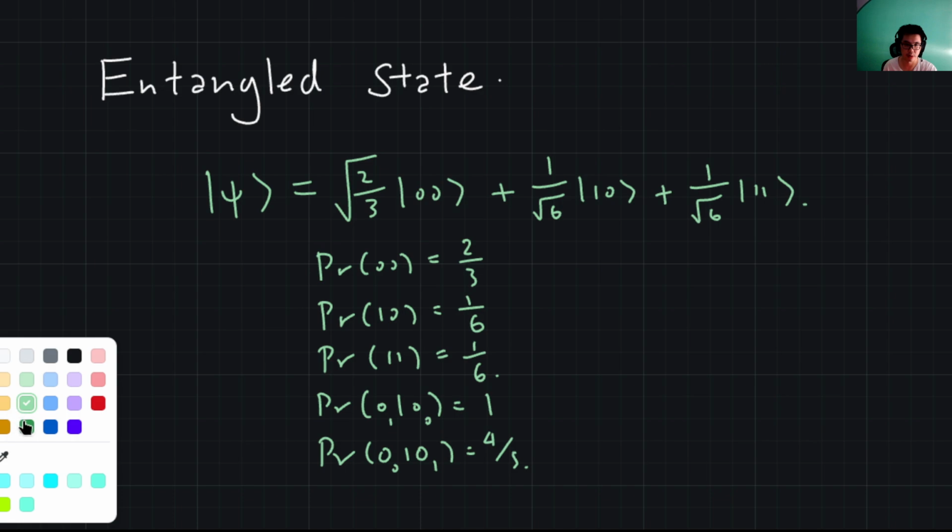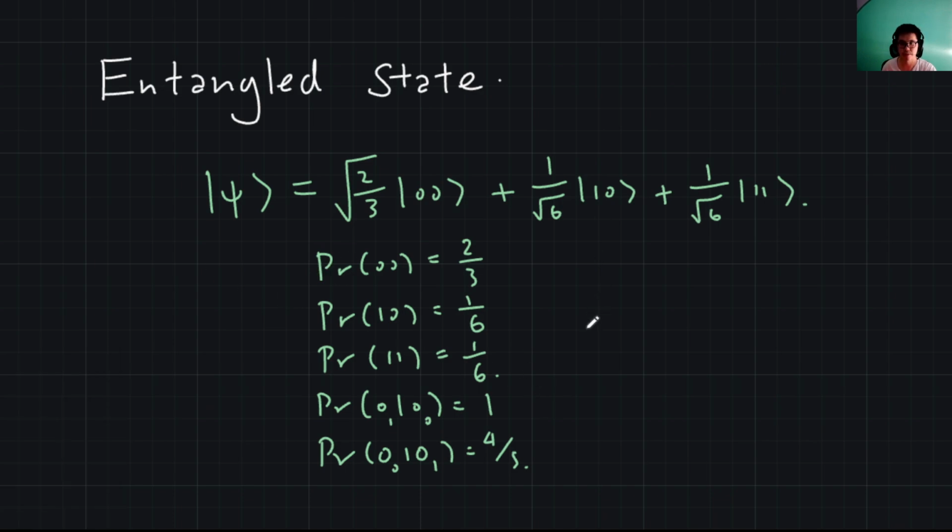So here's a calculation for that. 2/3 over 2/3 plus 1/6. This adds up to 5/6, and then this is going to be 4/6, so 4/5.